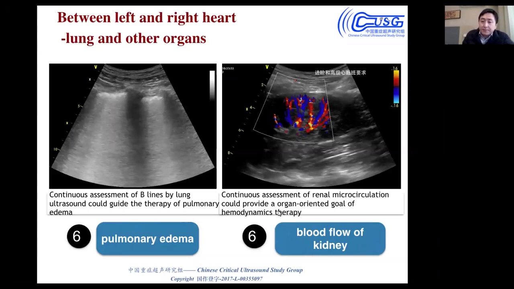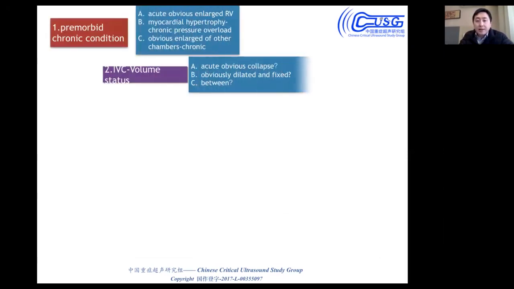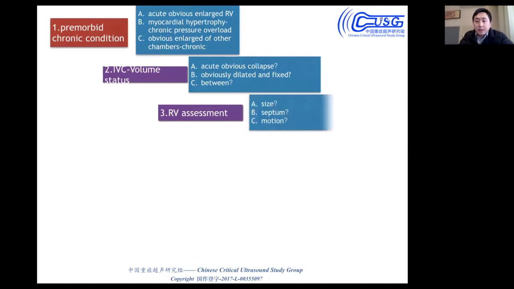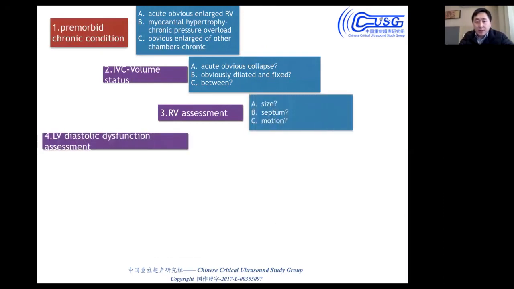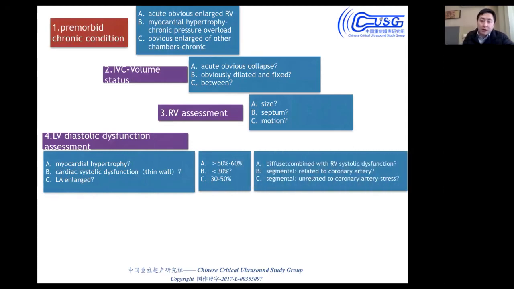And the flow of the kidney is a marker to tell us how the organ perfusion looks. And this slide is a summary of the hemodynamic assessment approach.